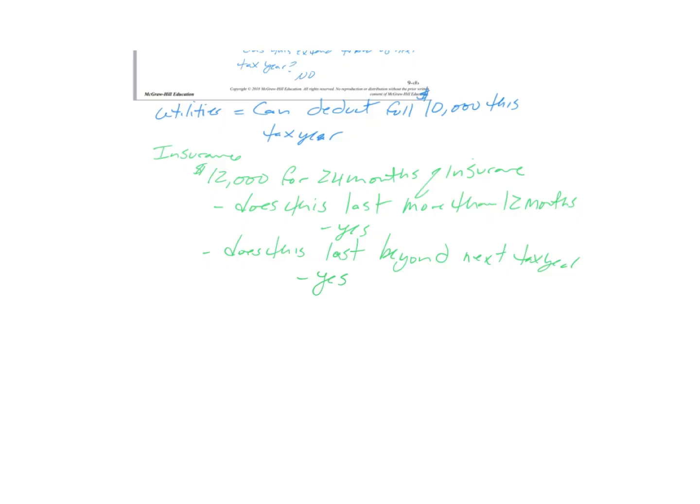So what that means is you have to deduct it ratably for this year. We've got $12,000 of insurance over 24 months, which means we have $500 per month. And what do we have for this year?